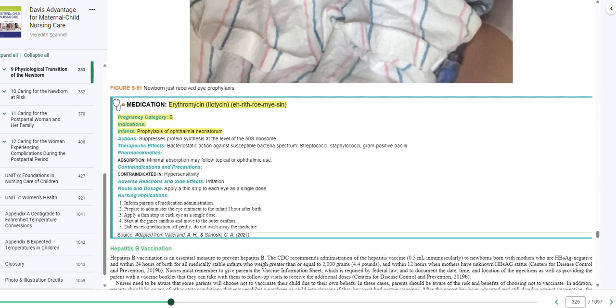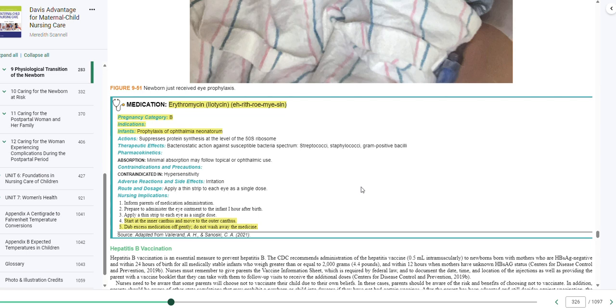The biggest thing that you need to know on this chart is 4 and 5. So you start with the inner canthus, and you move to the outer canthus. Dab the excess medication off gently, but do not wash it away. Once we put it on there, we leave it until it's time to bathe the baby, okay?